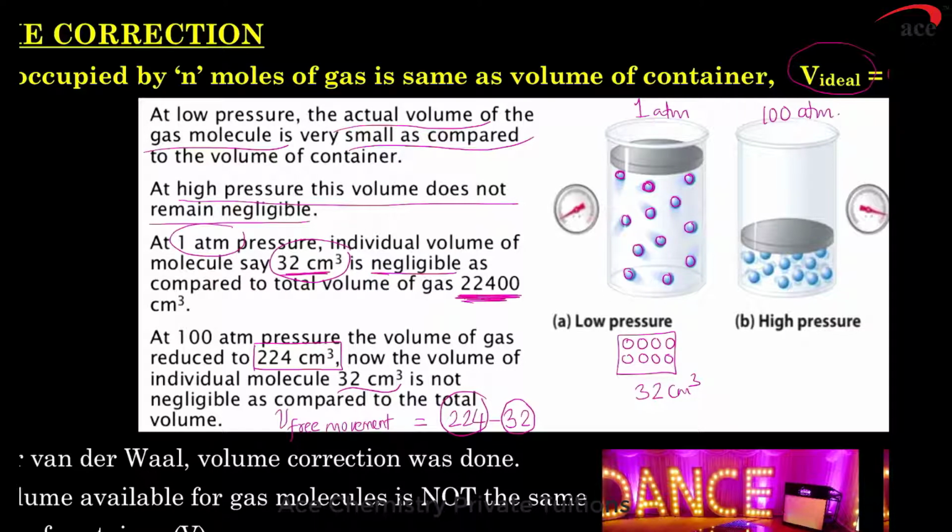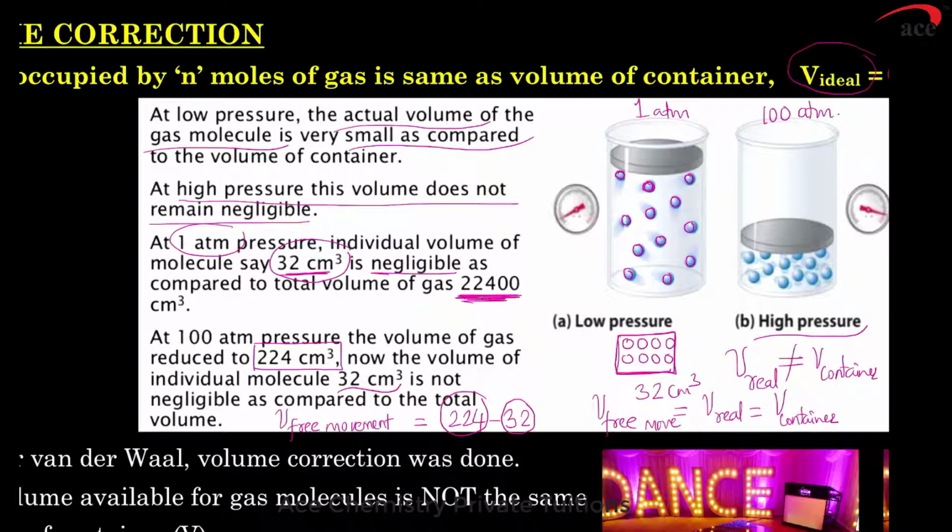So what is the conclusion we are trying to say? At high or moderate pressure, compactly present molecules occupy a certain volume. So the volume of a real gas is not the volume of the container. Then what is the volume of a real gas? The volume of a real gas is the volume available for free movement of molecules.